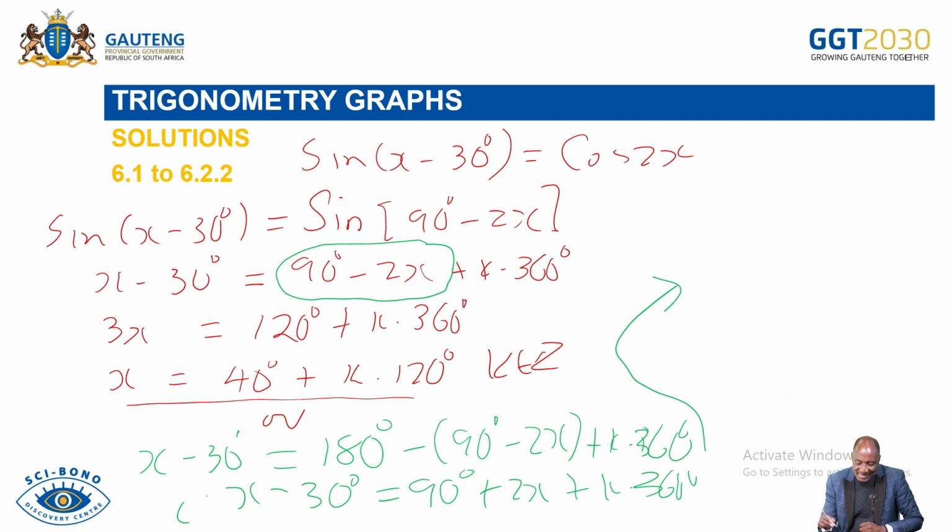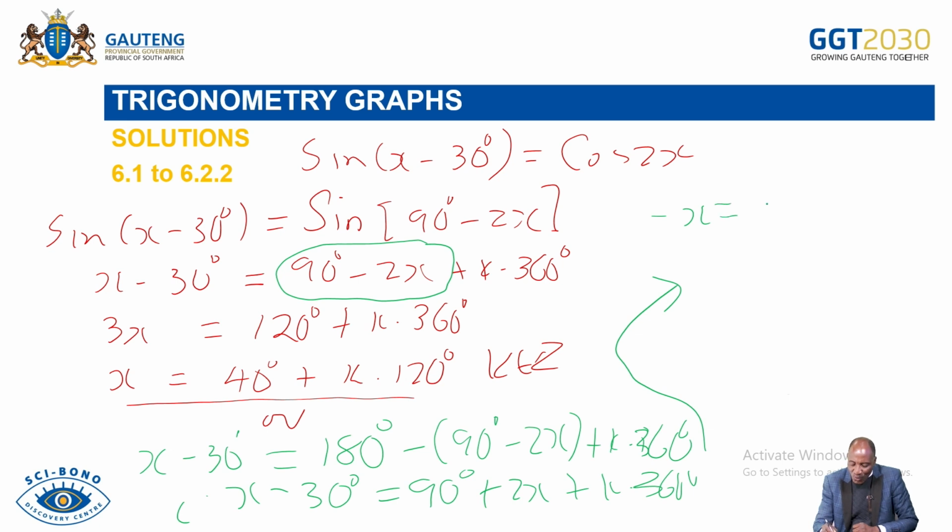Then you proceed and solve for x. You group like terms together. On the left hand side, I'm moving my 2x to the other side. It's going to be x minus 2x, negative x. Then I'm moving my negative 30 degrees to the other side.